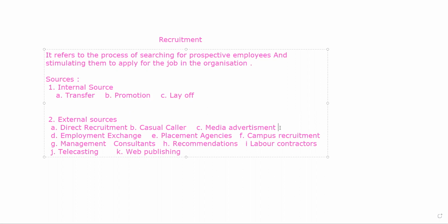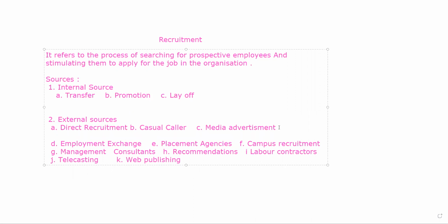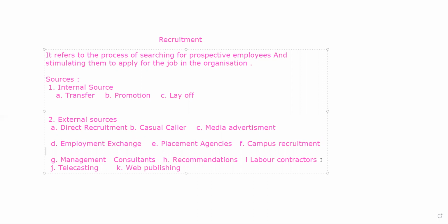The next is casual callers. Many times you have seen that a file of biodata is kept by the businessman, every organization, manually, or soft copies are maintained in the laptop. Whosoever comes to the organization to apply for the job, many times on the reception they get the answer: you just leave your CV here, and whenever we have any requirement, we will call you.